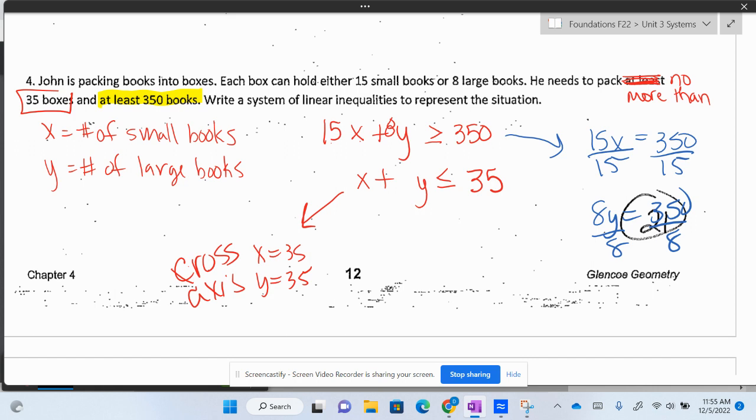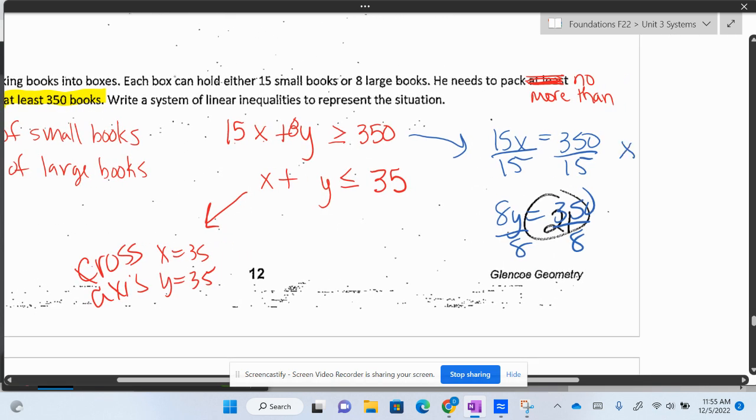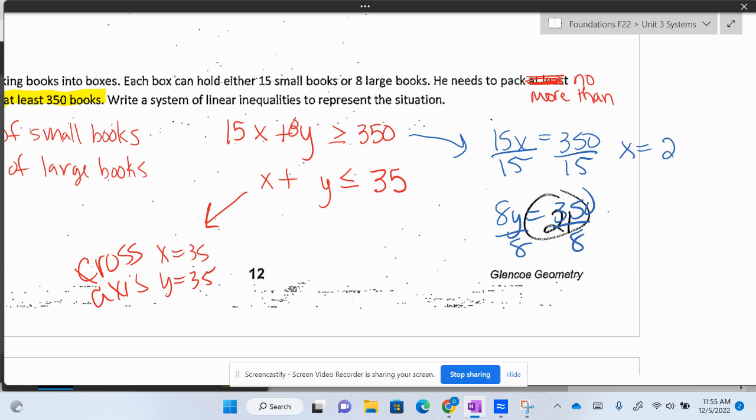So what's 350 divided by 15? Yeah, 23.3. Perfect. And what's 350 divided by 8? 43.7.